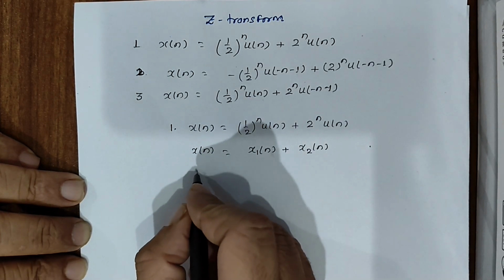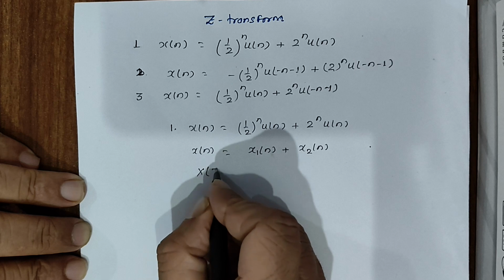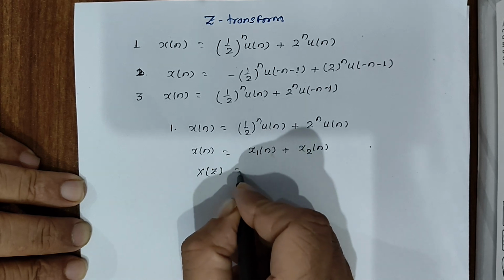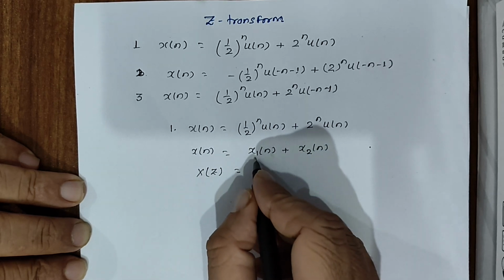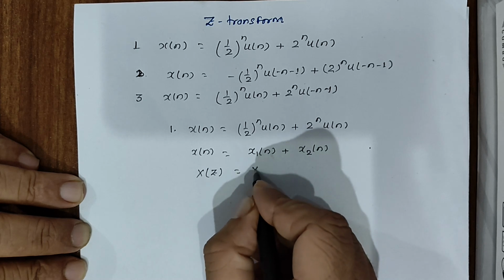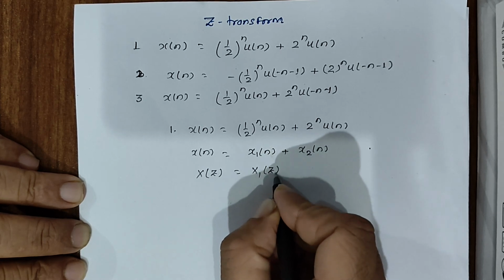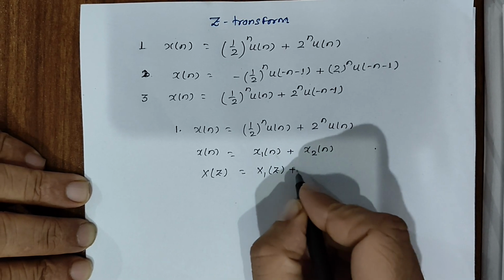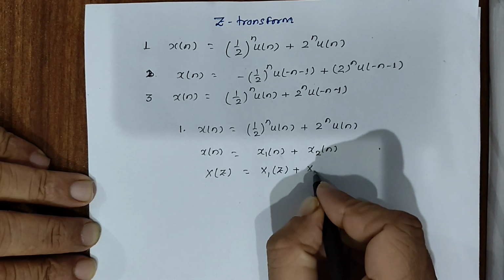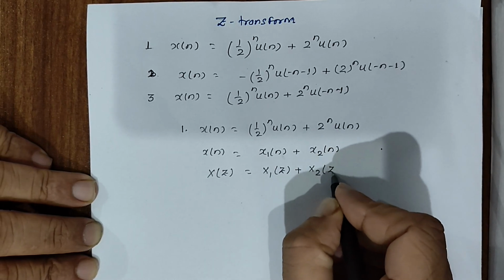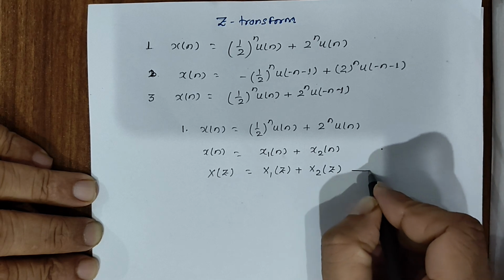The Z transform of x of n is X of z, equal to the Z transform of x1 of n, which becomes X1 of z, plus the Z transform of x2 of n, which becomes X2 of z. Let this be equation number 1.